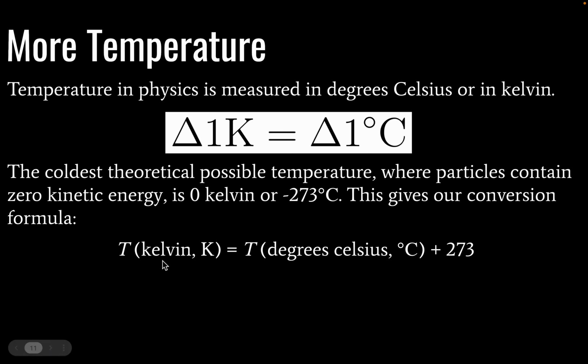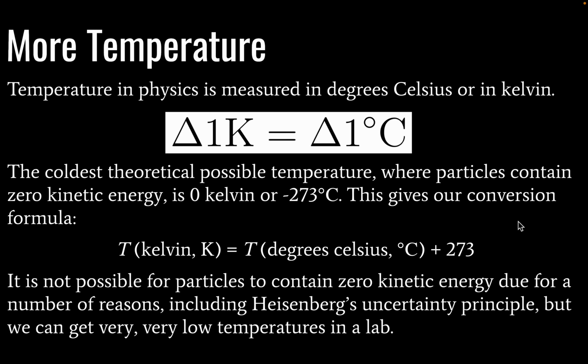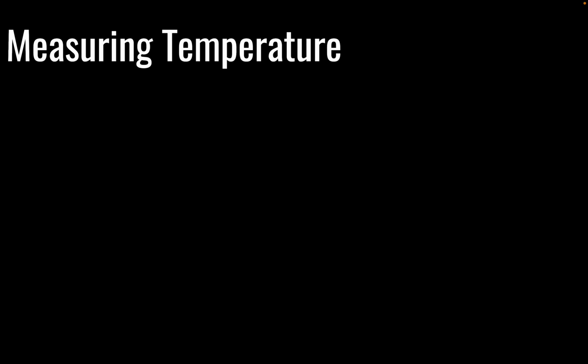Okay, so if you want to convert from one to the other, you can use this formula, and that's all you need. We can never actually reach absolute zero because our particles would need to contain zero kinetic energy, and that's just not possible. Okay, we can get incredibly tiny temperatures in a lab, though. Actually, lower temperatures than you would even find in deep space, which is kind of cool.